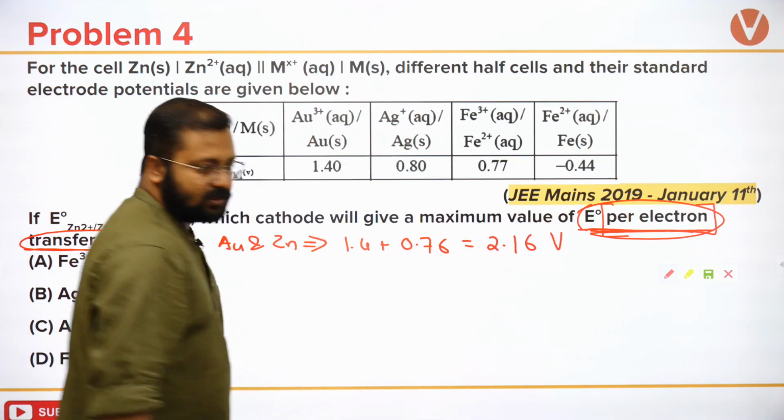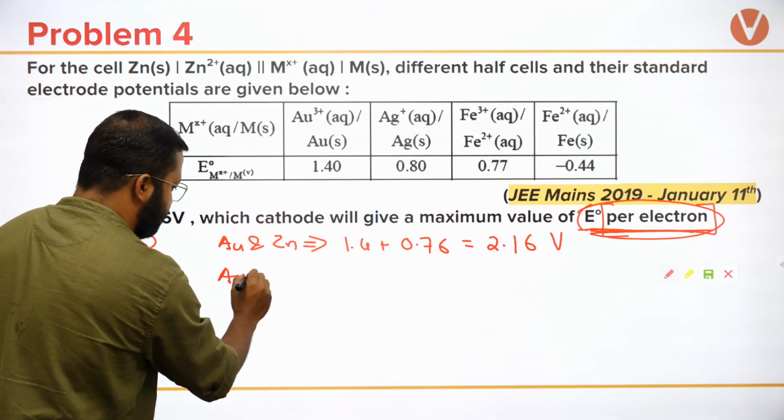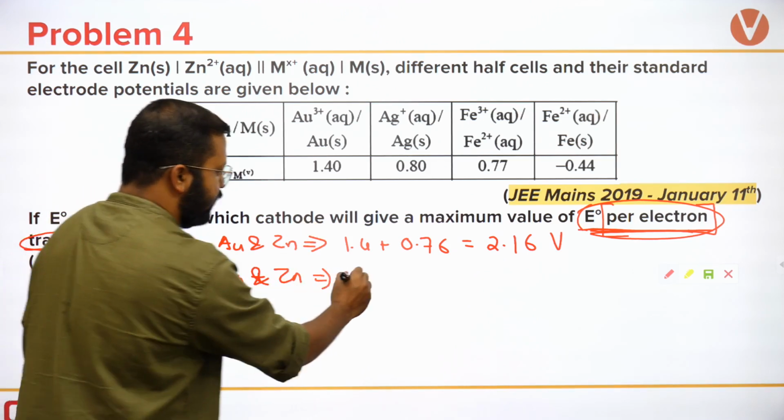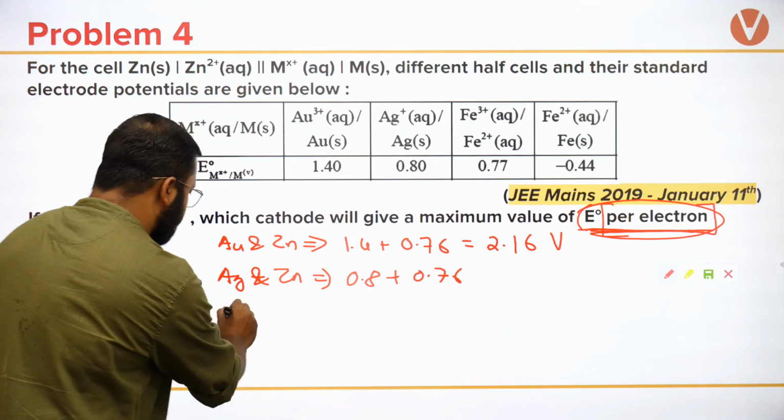Now this will come to be 2.16 volts. And if I take Ag plus and zinc, I will get 0.8 plus 0.76.